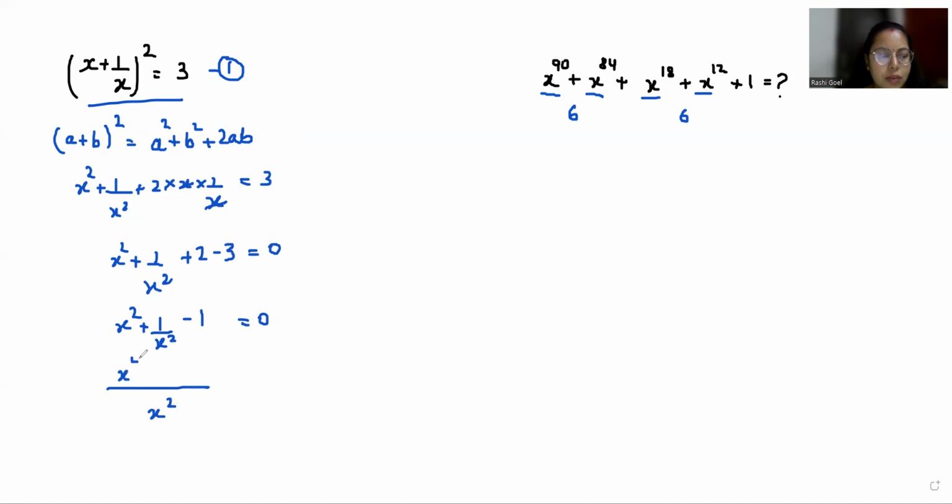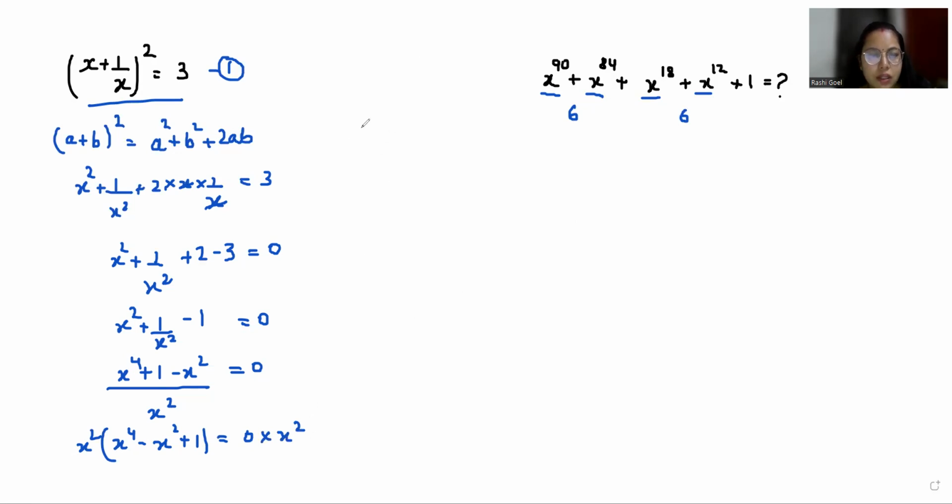So it becomes x power 4 plus 1 minus x square is equal to 0. So x power 4 minus x square plus 1 is equal to 0. Now, we know that we have to convert it in power of 6. So I'm going to multiply both sides with x square.